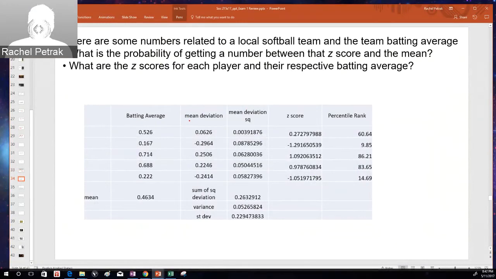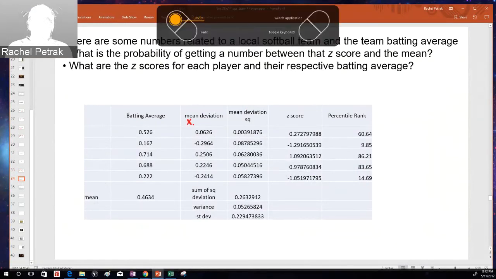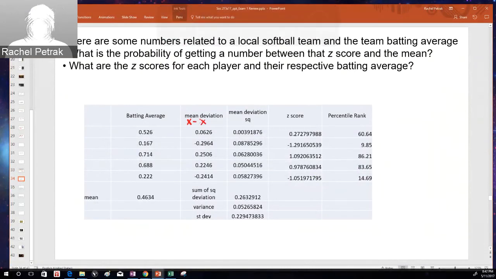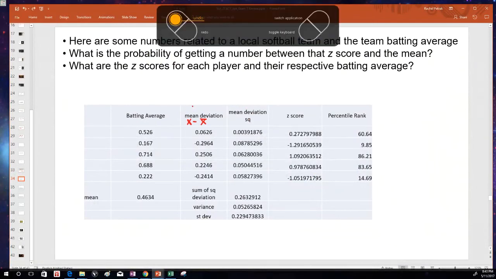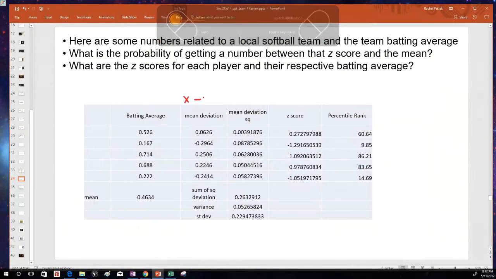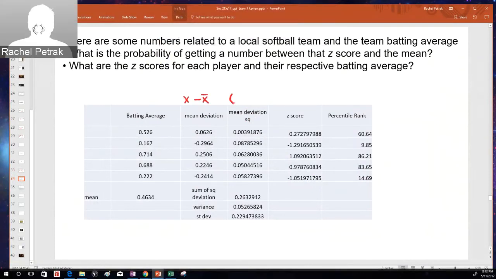what each one means. So remember, our mean deviation was x minus x bar. The mean deviation squared was an individual x minus x bar value, which is then squared. So it's this value over here squared.